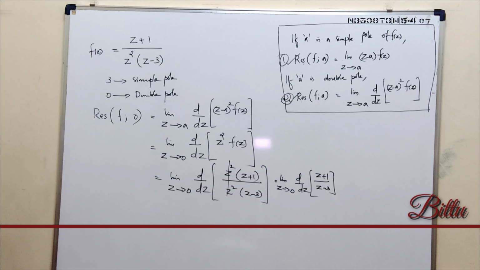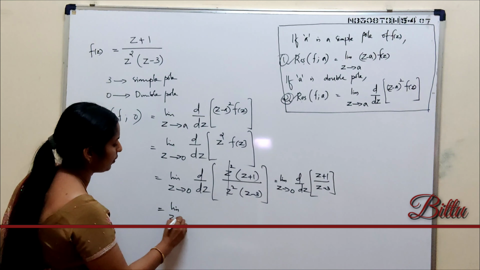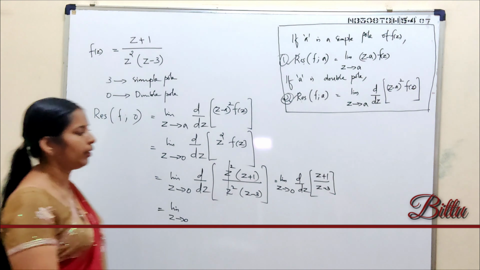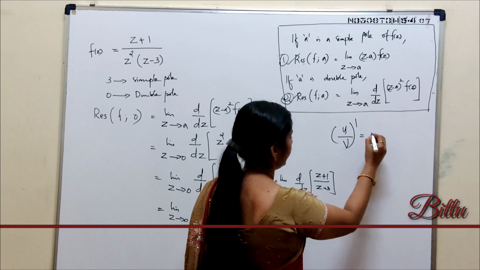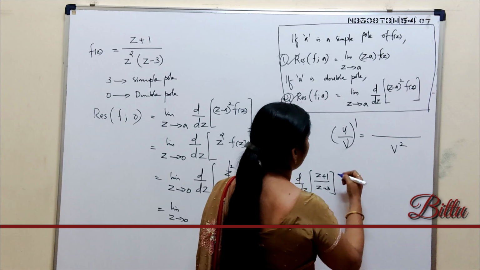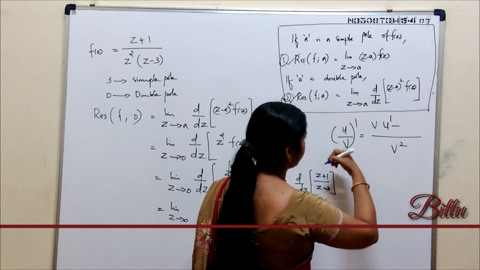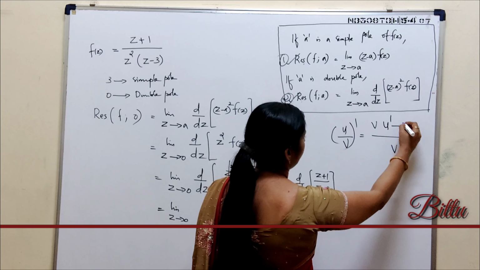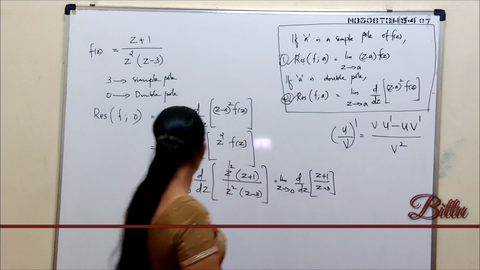It is a quotient, so you have to apply the quotient rule. Limit as z tends to 0, derivative of u by v, quotient rule. It is denominator square upon denominator into derivative of the numerator minus numerator into derivative of the denominator.